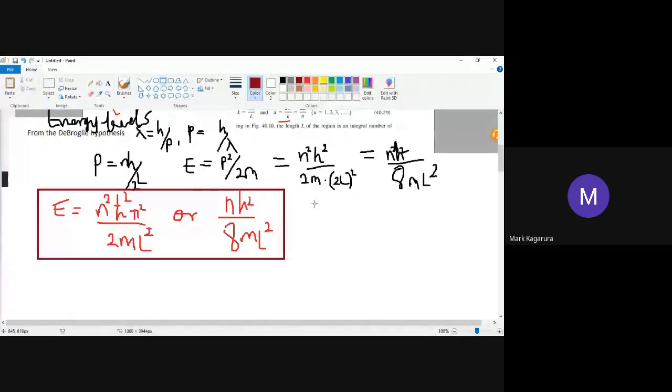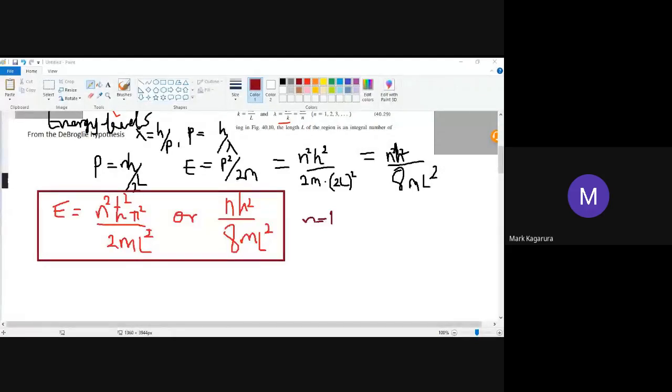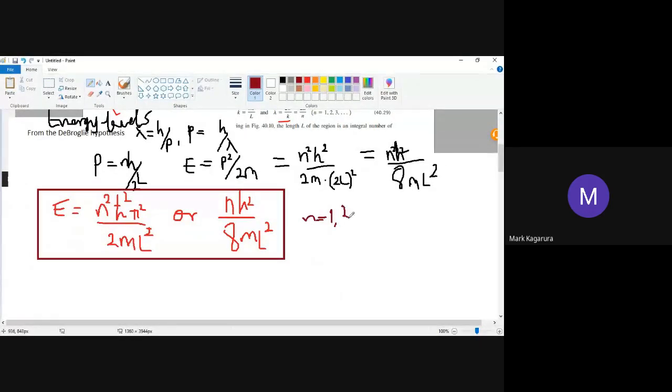It's important to add the restrictions on n. n equal to 0 doesn't make sense, that is just a free particle. You can also include it, but it doesn't make sense. So we have 1, 2, 3, and so on, and this will give us what we call our quantum numbers.